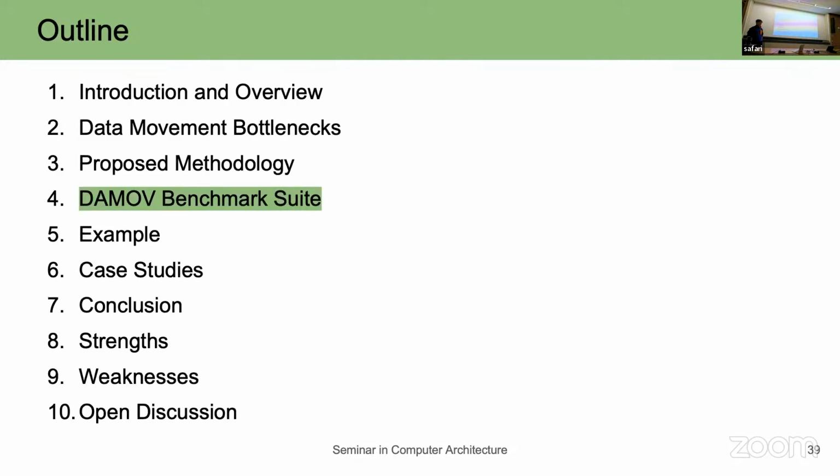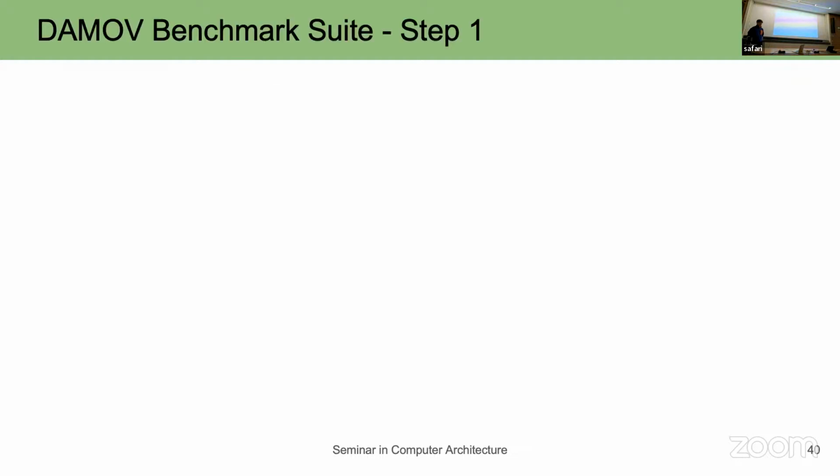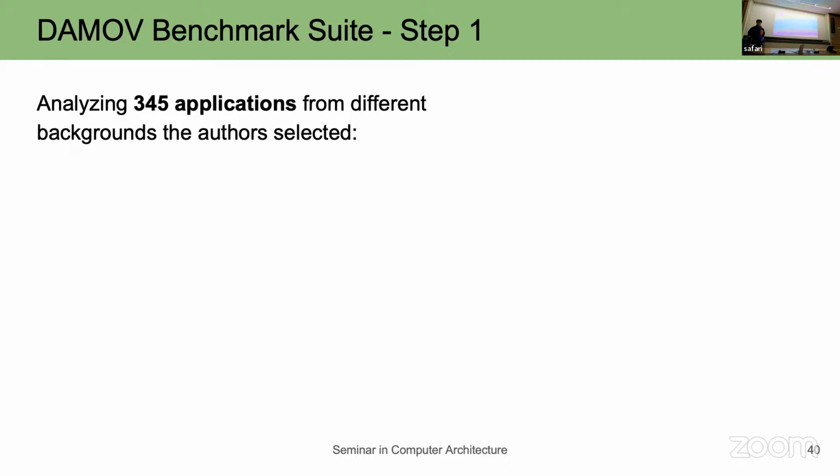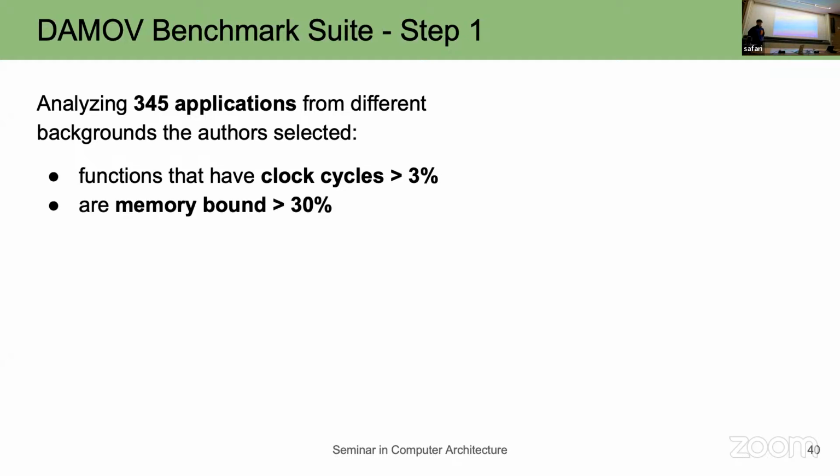So now that we've looked at the methodology, I'll introduce the benchmark suite. The authors started by analyzing 345 applications from different backgrounds and using the hardware profiler, they've only selected those functions which use up more than 3% of the clock cycles and are memory bound above 30%.